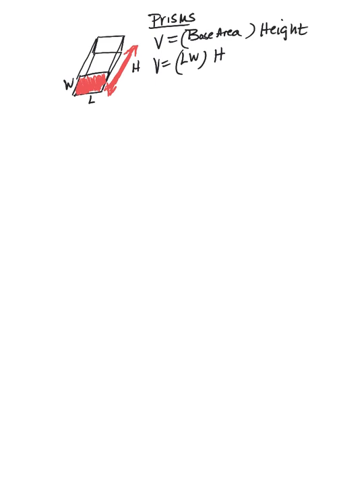Okay, so as I do these formulas, I'm going to be putting them like this. I'm going to take the base area and put it in its own set of parentheses. Okay, so this is the rectangular prism. Okay, the cube. Okay, so your base is a square, which is edge by edge.